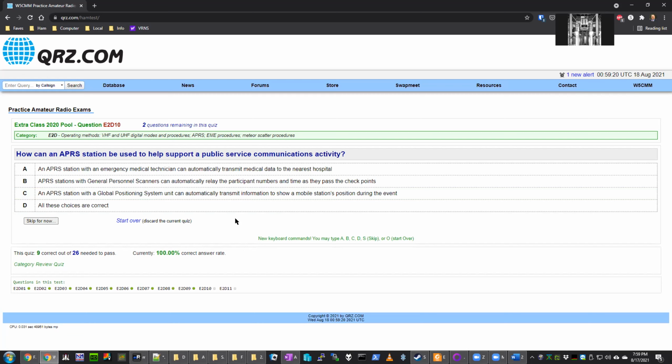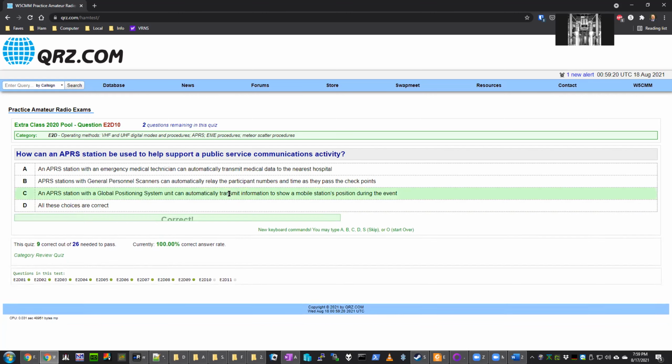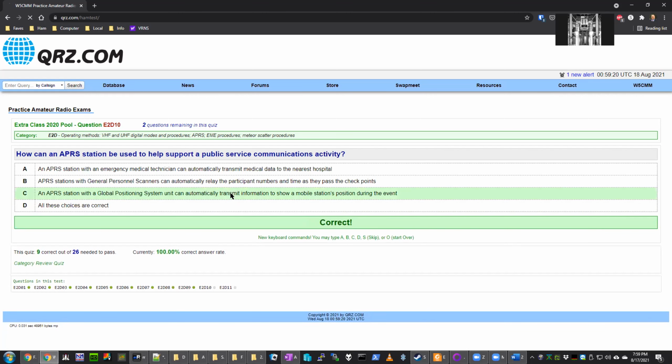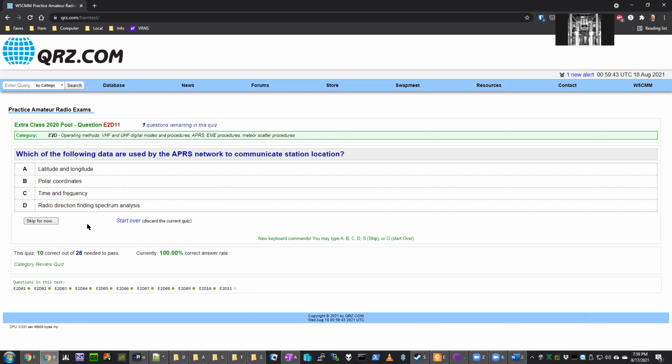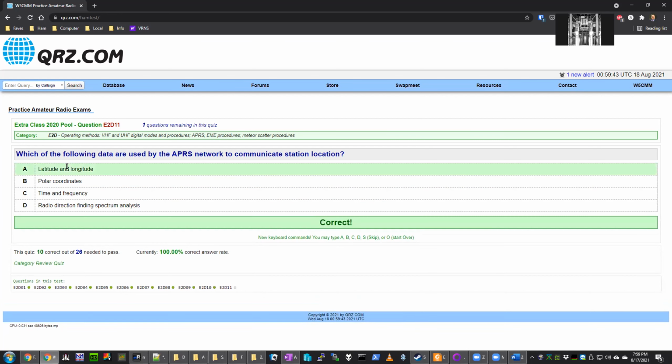Charlie. C. Yeah, that's going to be C. Which of the following data are used by the APRS network to communicate station position? Alpha. Yeah, latitude and longitude.